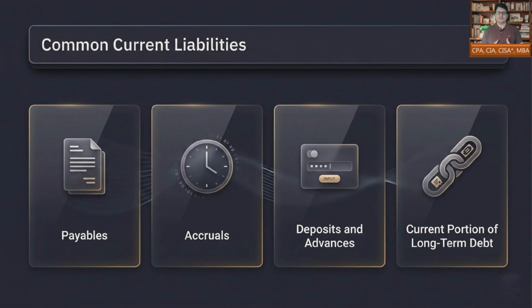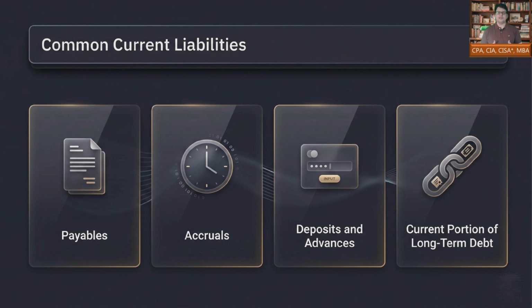Customer deposits, unearned revenue, gift card liabilities, and agency collections are current when performance or remittance is expected within the operating cycle. The current portion of long-term debt is the part due within 12 months or the operating cycle, and it is reclassified from non-current as maturity approaches.